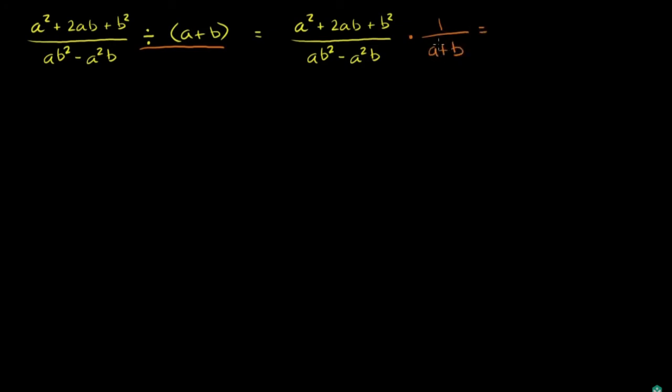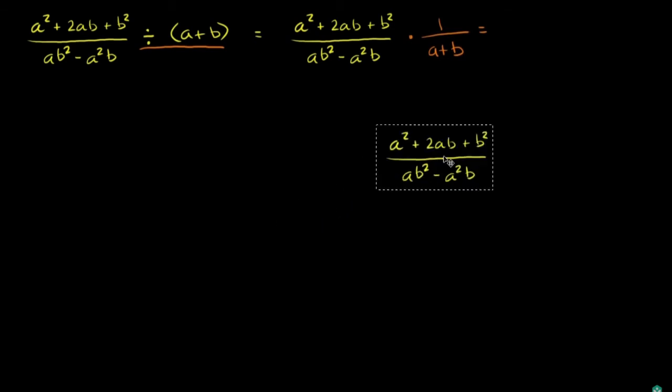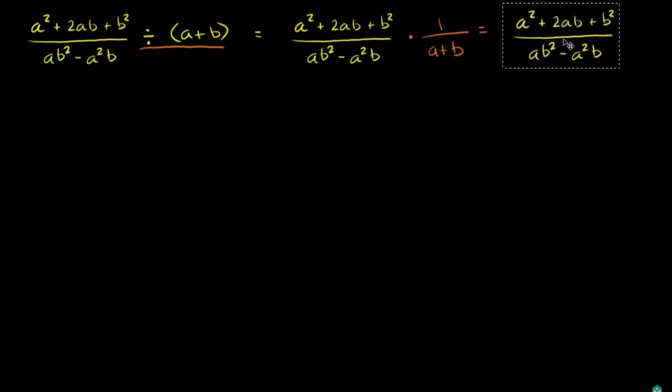And this is just going to be the same thing as that with a plus b in the denominator, because your numerator is going to be that times 1, which is just that. Your denominator is going to be ab squared minus a squared b times a plus b. So this would be a legitimate answer, but I have a suspicion that this can be further simplified.